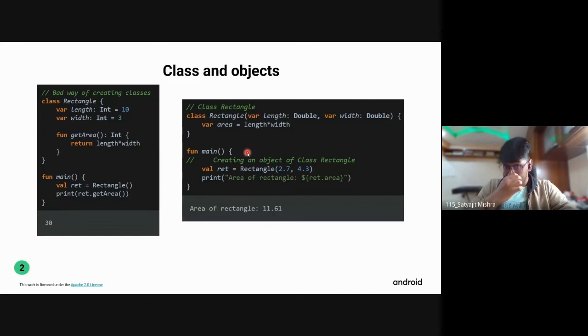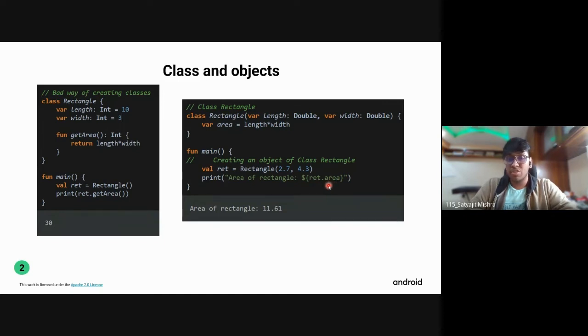Here again, inside the main function, when we try to create an instance of the class rectangle, I again use the class name, and there itself I pass the default values, let's say 2.7 or 4.3. I want the default values of length and width to be 2.7 or 4.3. And when I want to get the area of the object that I created, I can simply use ret.area.